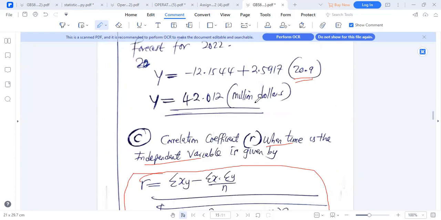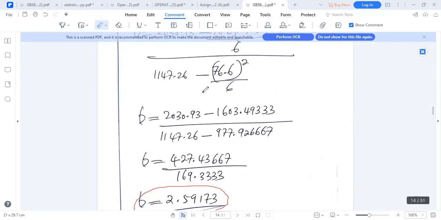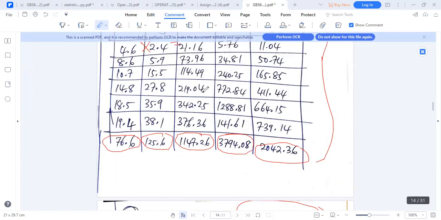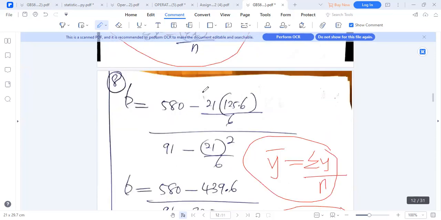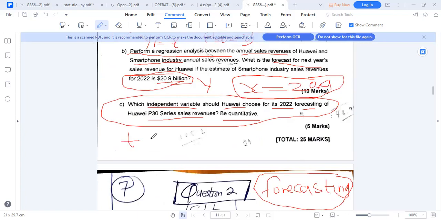All right. Then the last question asks which independent variable, between time or the O industry, we should actually go for.